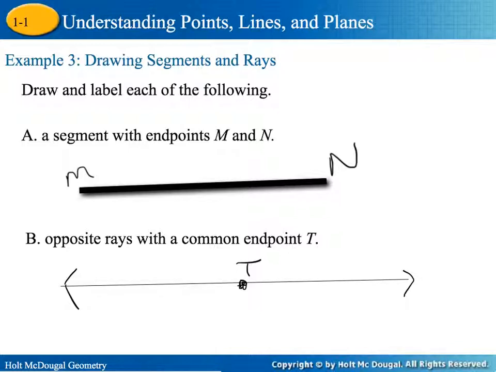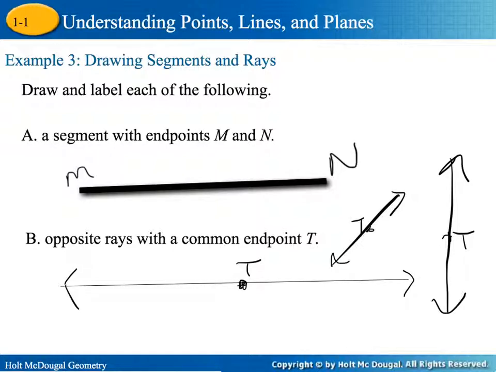So this would be an example of opposite rays with common endpoint T. Another way, if you drew your ray this way, this is correct as well as diagonal. Rays do not have to go horizontally or vertically. They can go any and all ways.